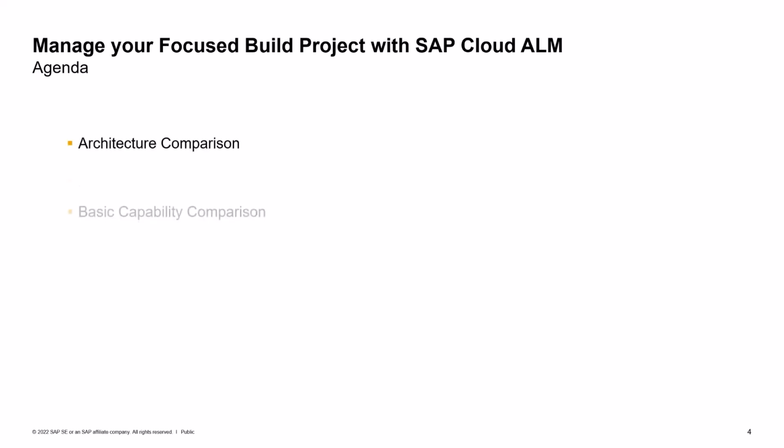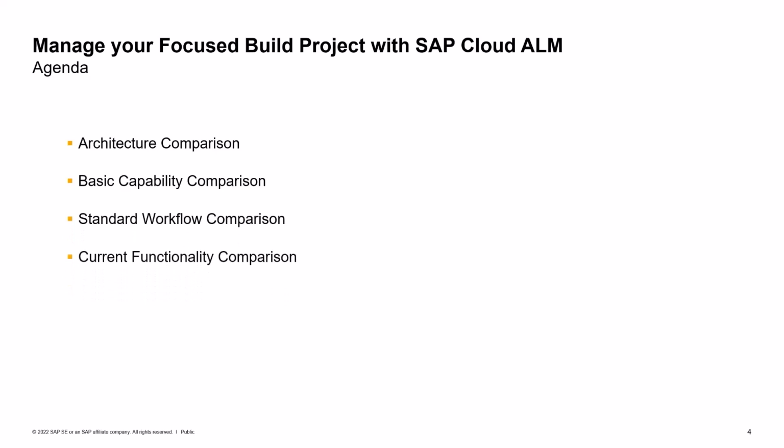So I start with a comparison of several topics. I compare the basic architecture, the basic capability of Focus Build and SAP Cloud ALM. I compare the standard workflow. Then I have a look at the currently available functionality.